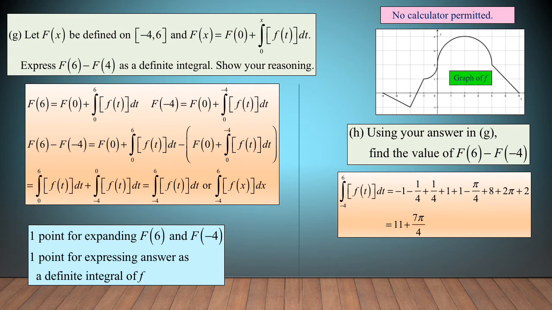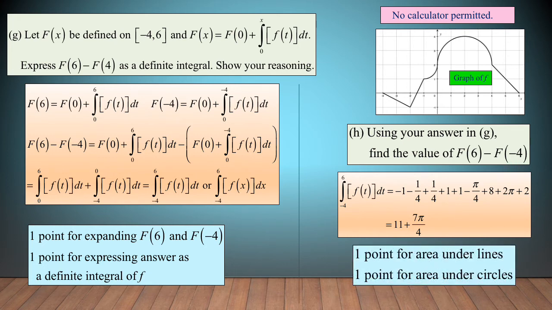And then finally, we have a right triangle whose area is 2. Adding it all up, we get 11 plus 7 pi over 4. For points, 1 point is allocated for the area under the lines, which is 7, and 1 point is allocated for the area under the circles, which is 7 pi over 4.